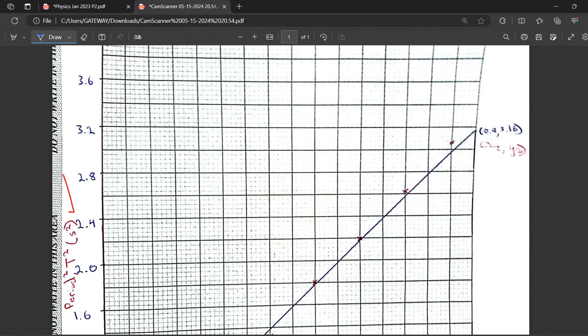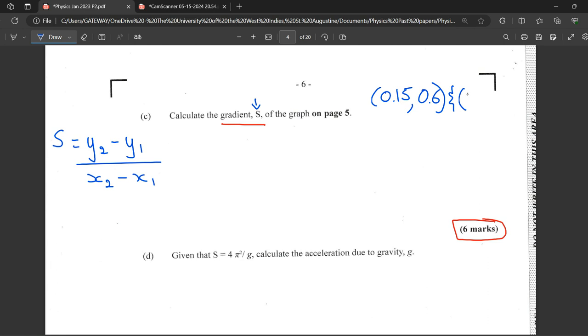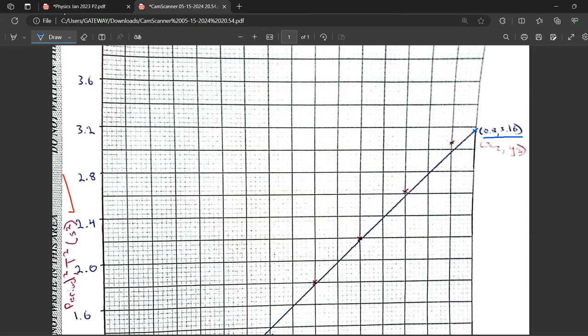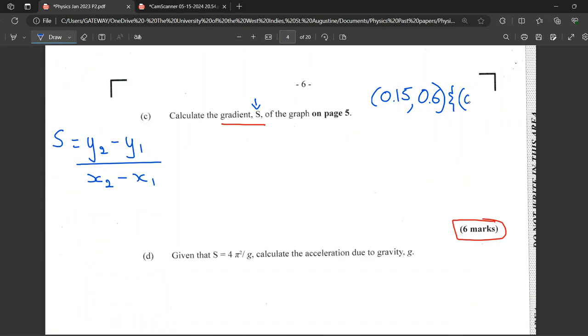This is the point that I read up here. This is 0.8, 3.16. Just below, one square below 3.2, which will be 3.16. So 0.8, 3.16.